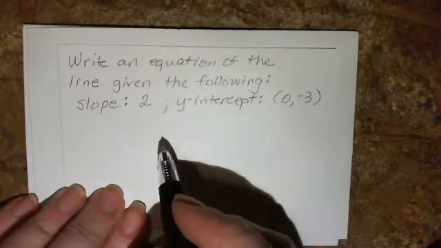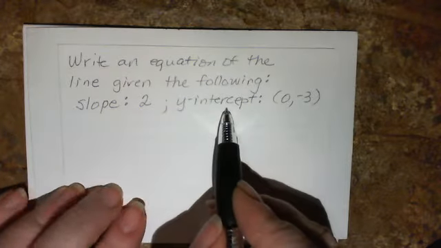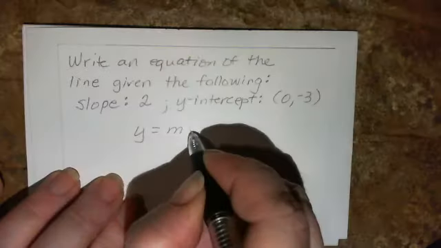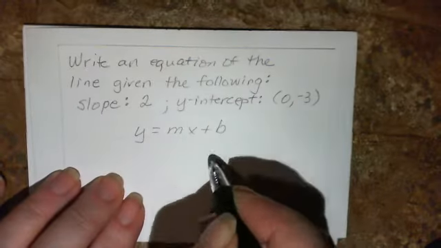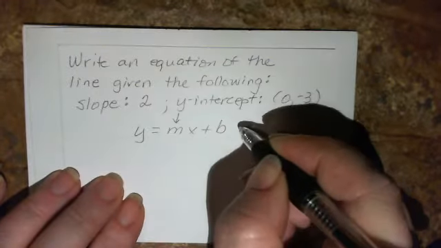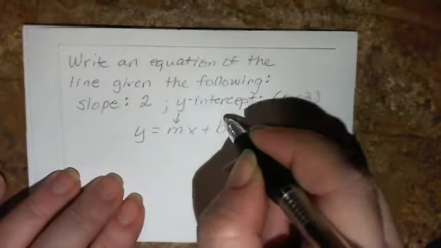Okay, slope and y-intercept. Remember, when we know the slope and the y-intercept, we can easily write the slope-intercept form of the line. Okay, and we're only going to replace the slope, the m, with our slope value here and the b.